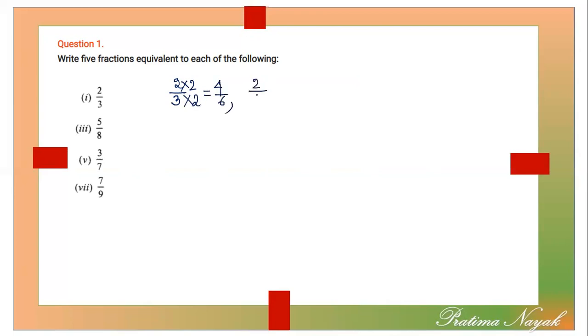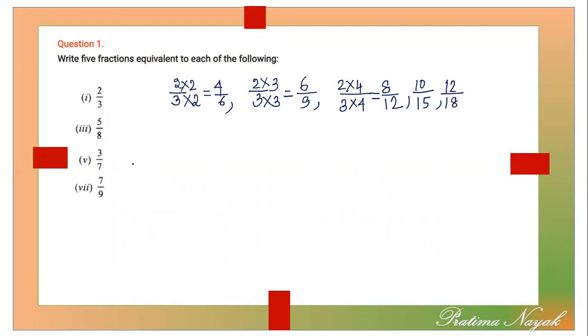Next I'll multiply 3, I'll make another equivalent fraction. I'll multiply 4, another fraction. Again I'll multiply 5, I'll get 10 by 15. I'll multiply 6, I'll get 12 by 18. So these are the equivalent fractions.